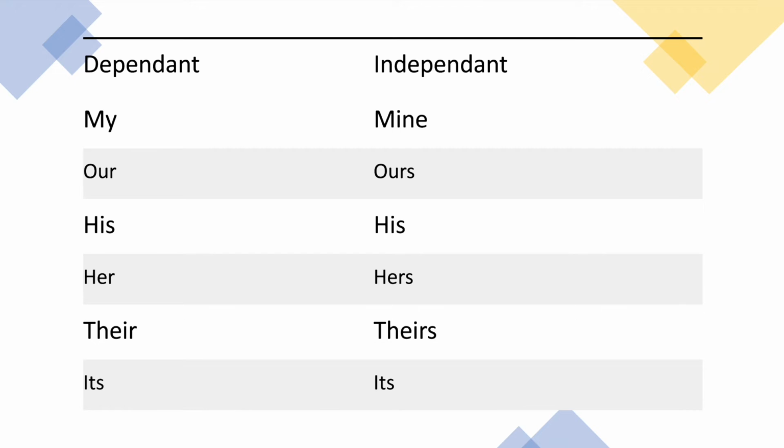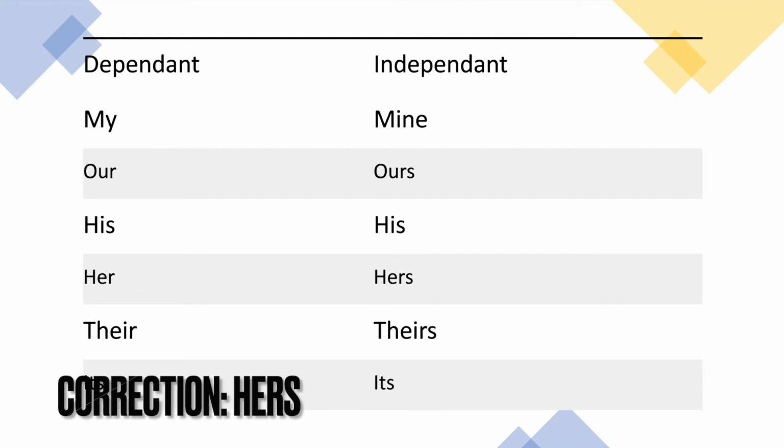If I want to talk about something belonging to a female or a girl, or a lady or a person that identifies as female, I can use her for dependent possessive pronoun and hers for independent possessive pronoun.